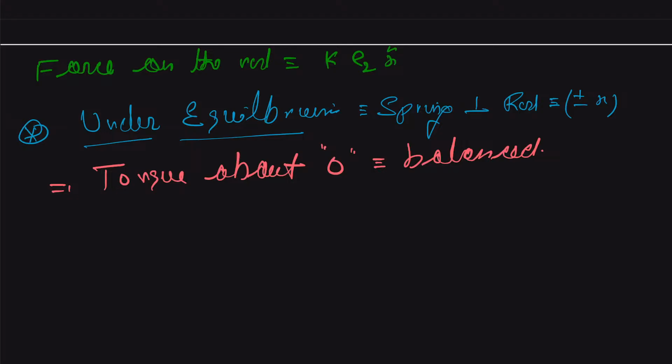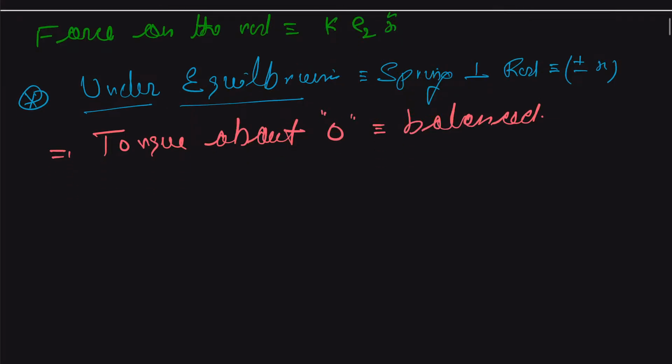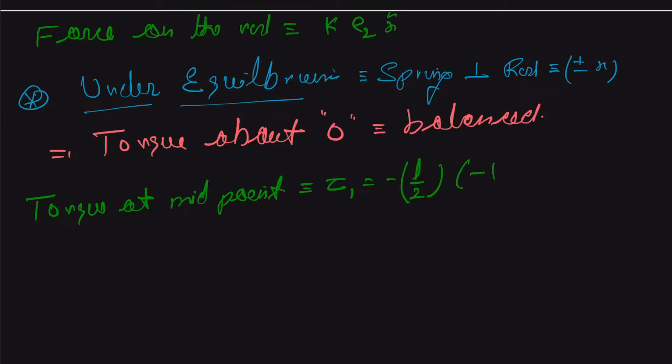Okay. So we can say the torque at the midpoint, let us call this tau 1, will be equal to minus L by 2 times minus K E1, which gives us K E1 L by 2.